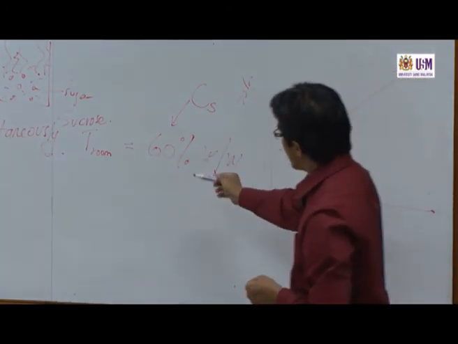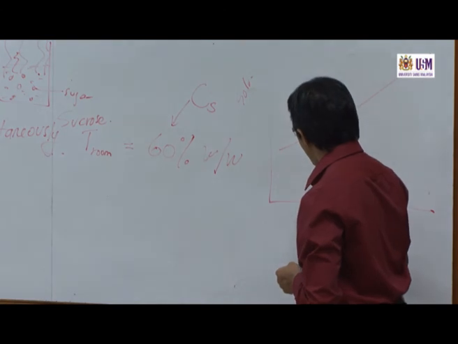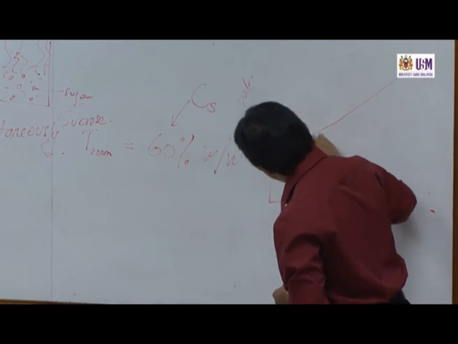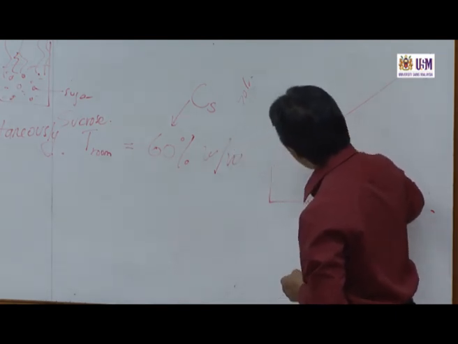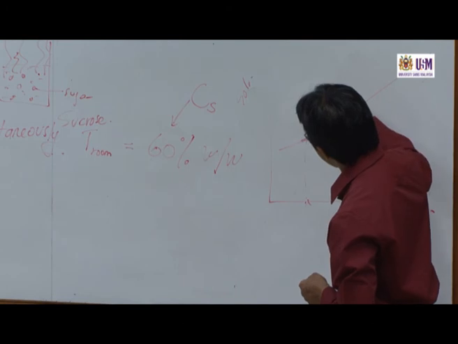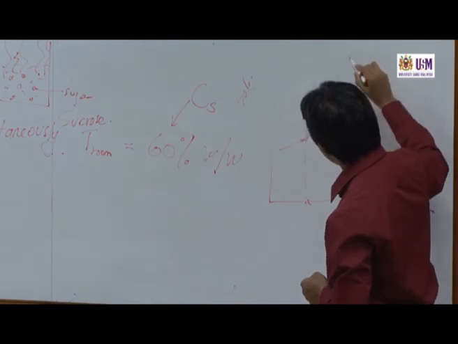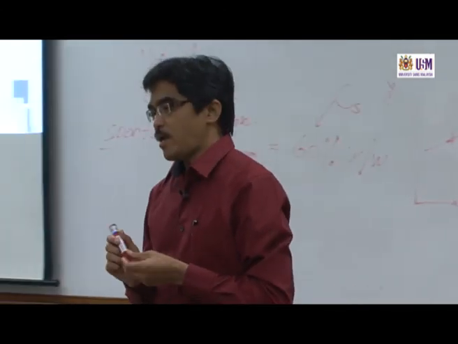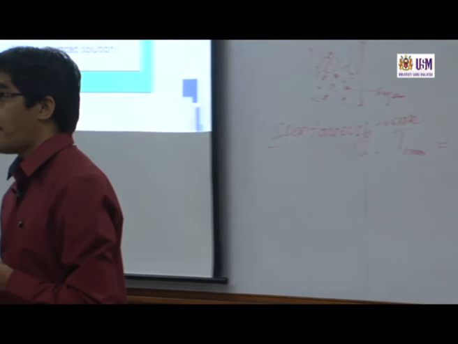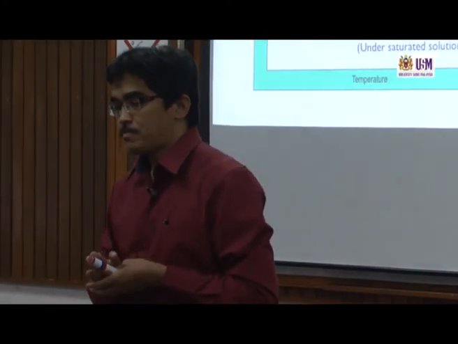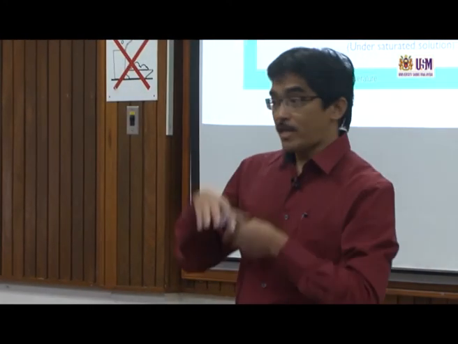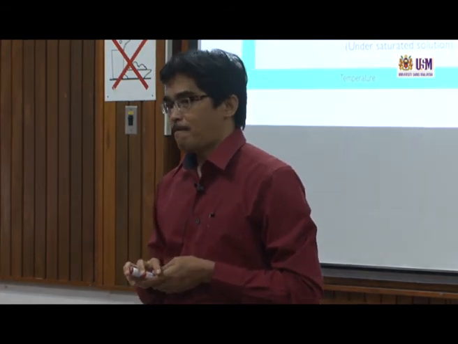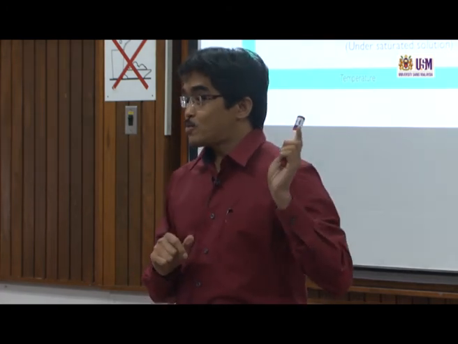Let's say at room temperature, maybe somewhere here. So the CS here is 60%, meaning that we can dissolve a maximum of 60 gram per 100 gram of solution. More than that, it will become supersaturated. But this is the solubility of sucrose in water.